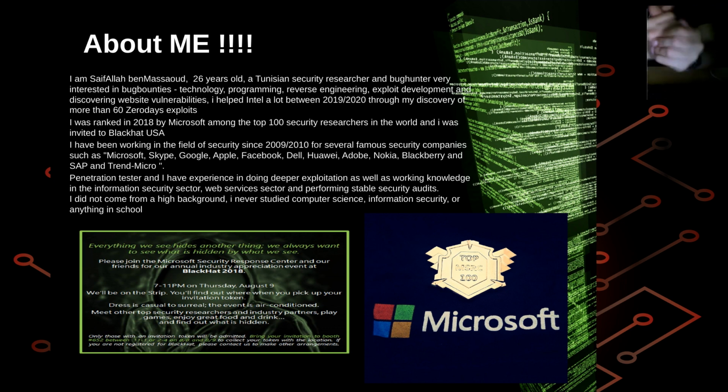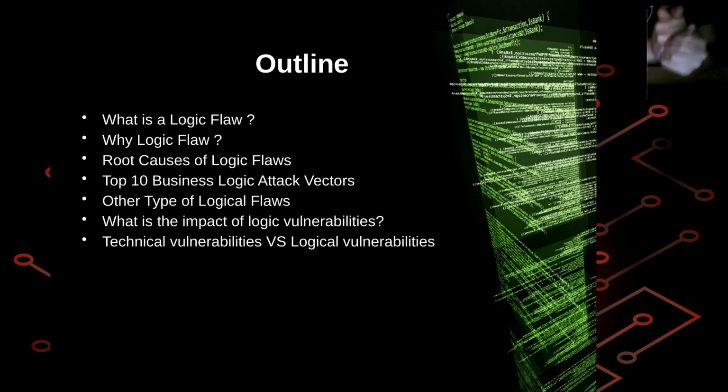We have several things that we talk about in this outline. What is a logical flaw and why, the root cause of logical flaws, the top 10 business logic attack vectors, and other types of logical flaws that we have already discovered in bug bounty.